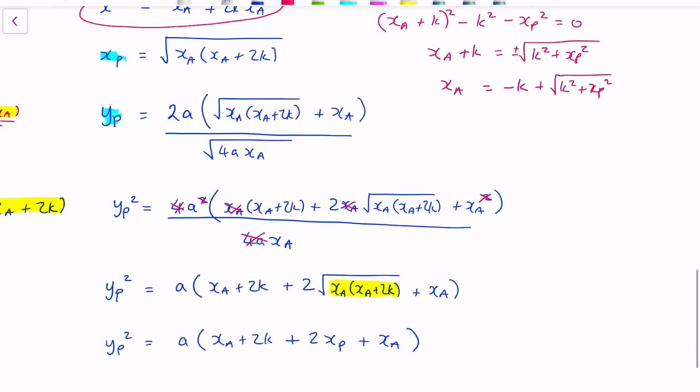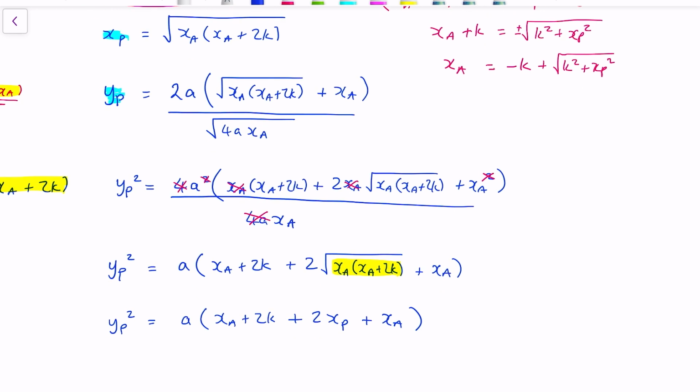Now I can dump that into this yp equation down here. yp squared is equal to a xa plus 2k. Well, xa plus k is this dude, so I need to add another k to that.